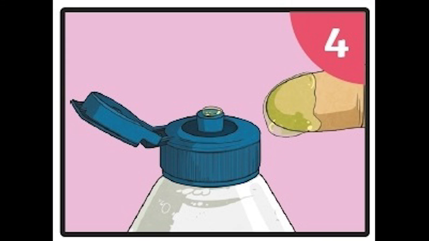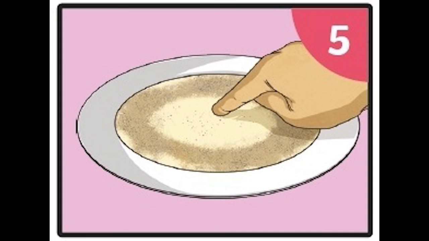Step 4. Dry your hand, then dip your finger into the liquid hand soap. Step 5. Dip your soapy finger into the center of the bowl of water. Watch what happens to the pepper and record this.